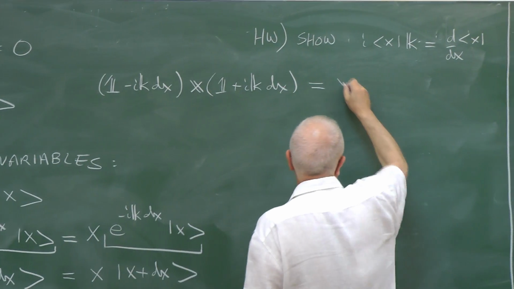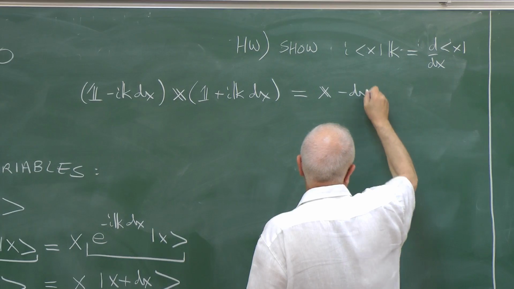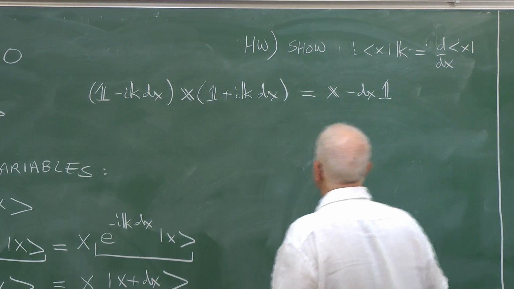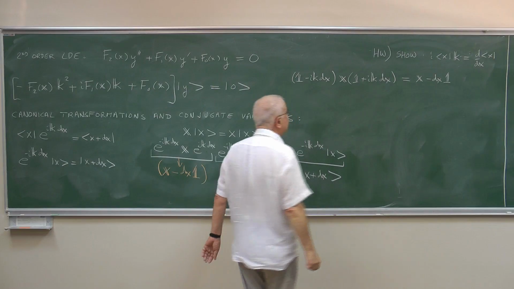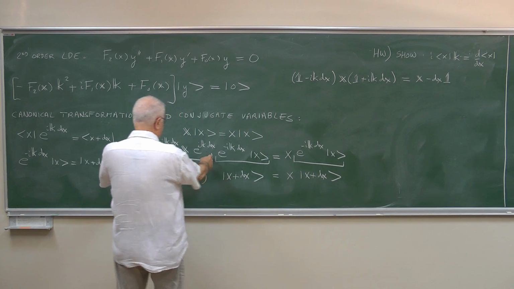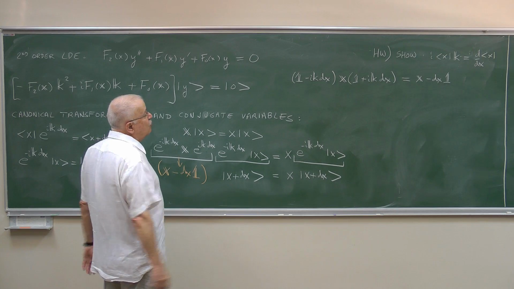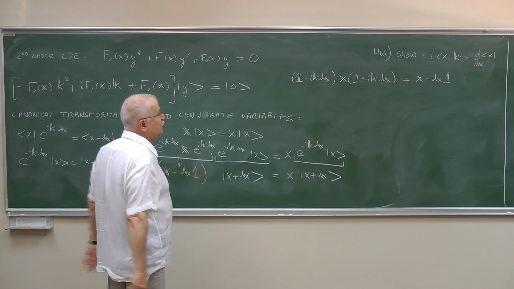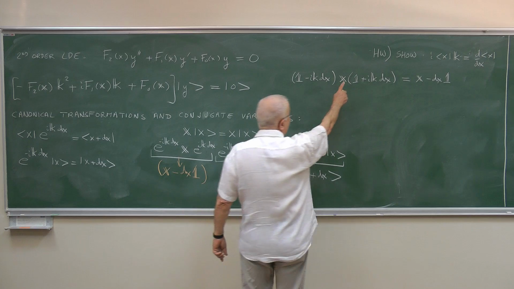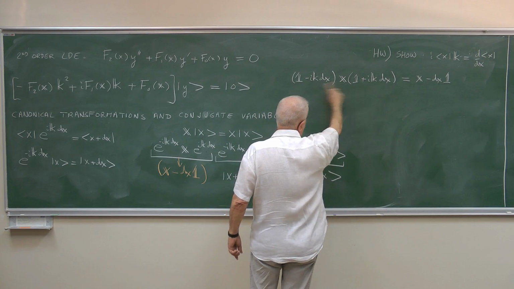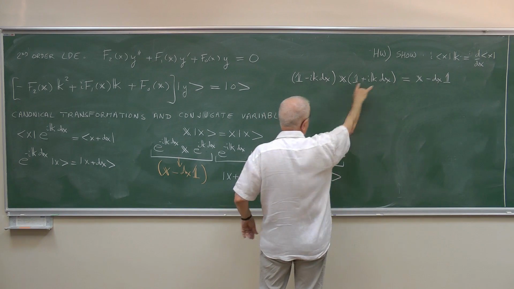This thing equals to x minus dx times identity. Just this expansion equals to that thing. Now, here I'll have 4 terms. The x will be sandwiched between all sorts of combinations of these.